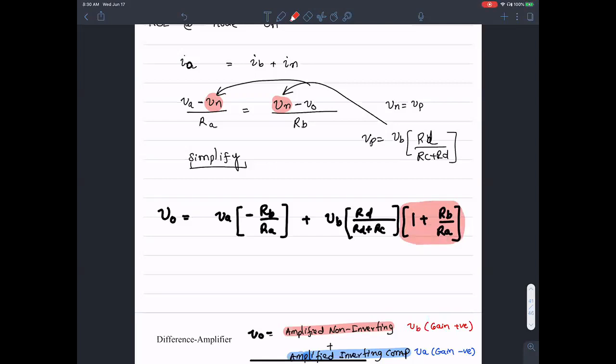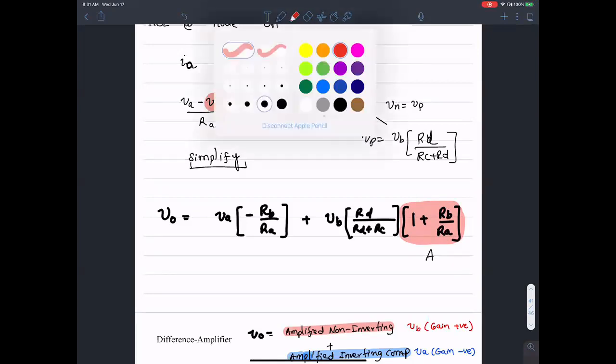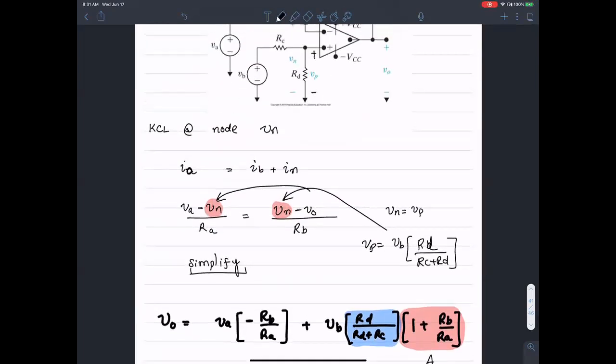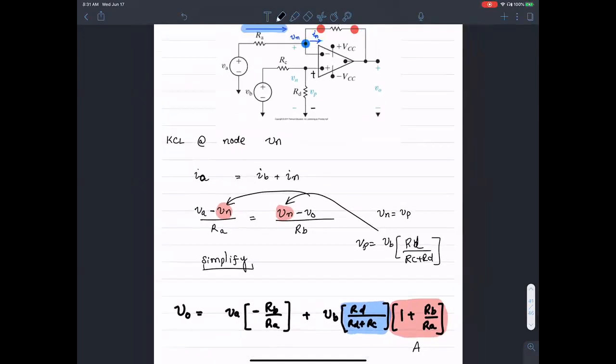That'd be a non-inverting amp for the Vout. Non-inverting amplifier gain, right? And what does this term here represent? This guy. Voltage division. Correct. So thank you.